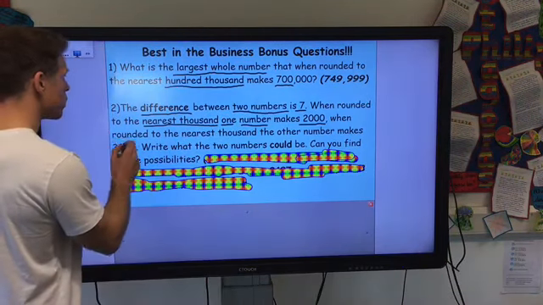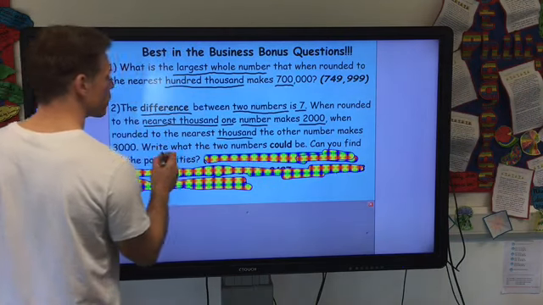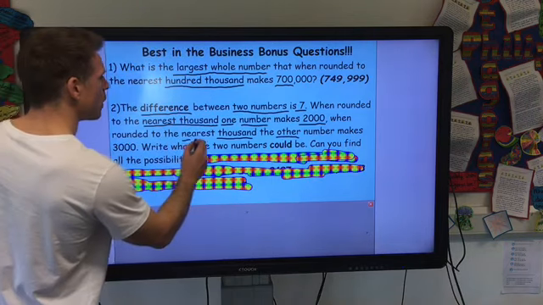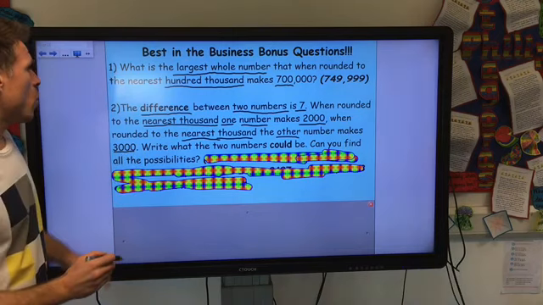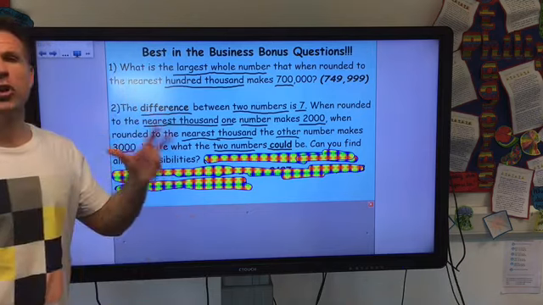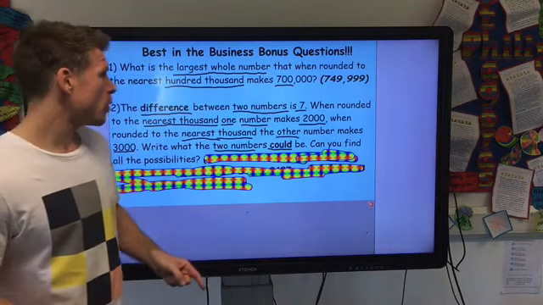When rounded to the nearest 1,000, the other number makes 3,000. Write down what the two numbers could be. That word could is important because it means there's more than one answer, right? Can you find all the possibilities?